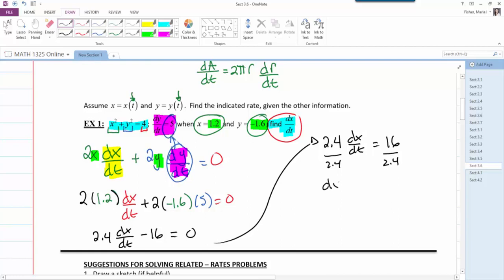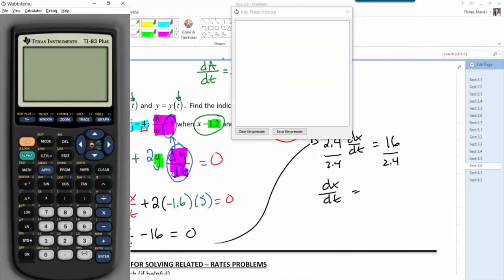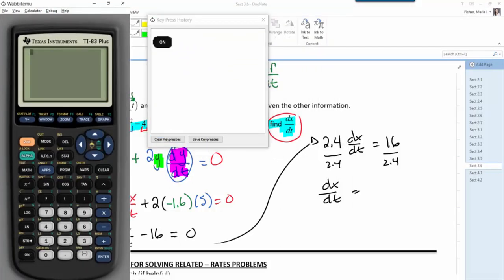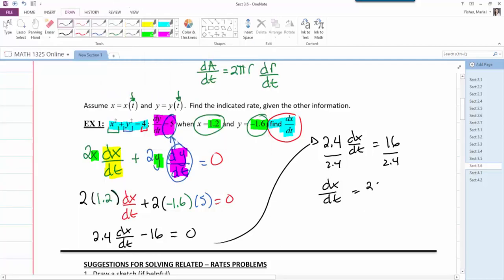Then dx/dt is going to equal, let's grab a calculator to find that out, 16 over 2.4, which is 6 2/3. If we make that into a fraction, we get 20 over 3. So dx/dt is equal to 20 over 3.